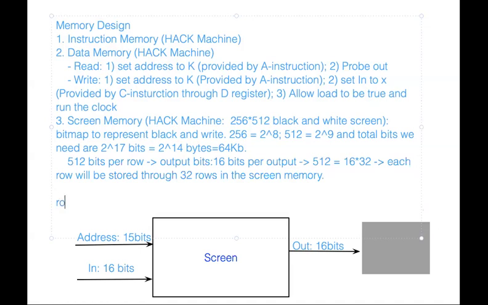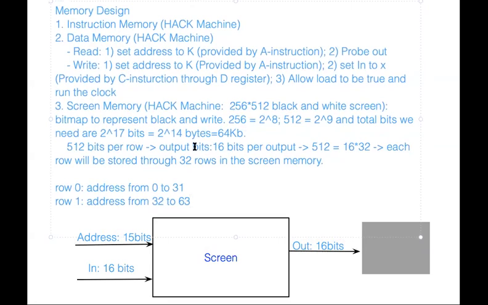For example, row 0, I will store at addresses from 0 to 31. This is my first row. I use 32 words in the screen memory to represent one row on the screen. Then row 1 is at addresses from 32 to 63, the second row.